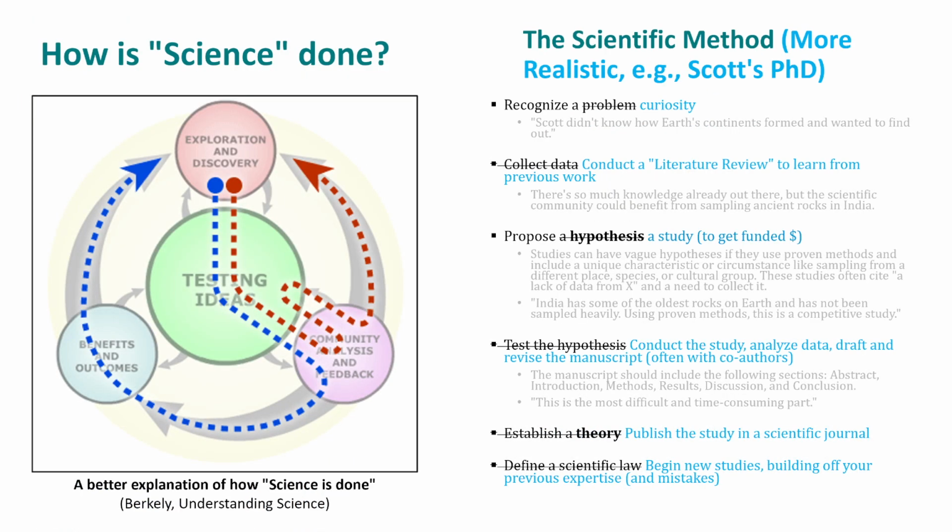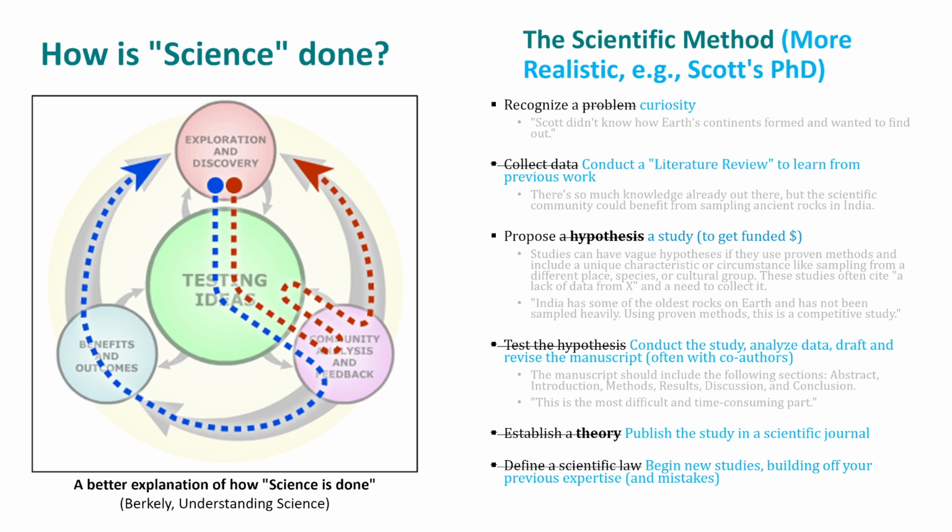The more realistic version of the scientific method that I think is important to share with you all, and is more personal for me and for all individuals that I know, typically goes like this. You recognize a curiosity, then conduct a literature review to learn from others who have done similar work.